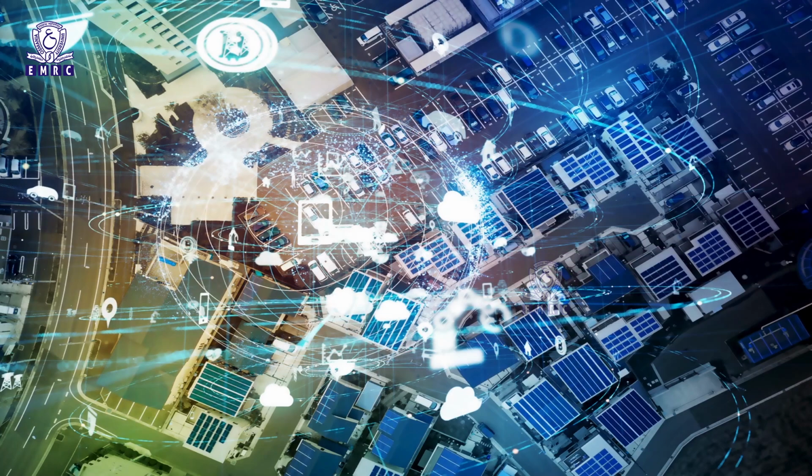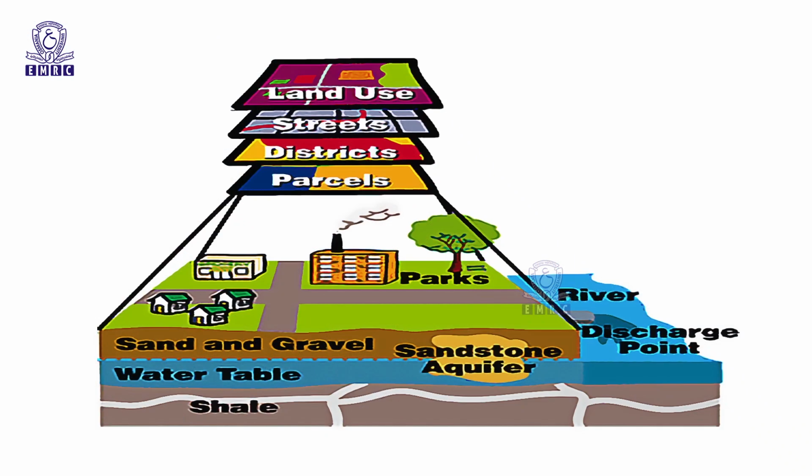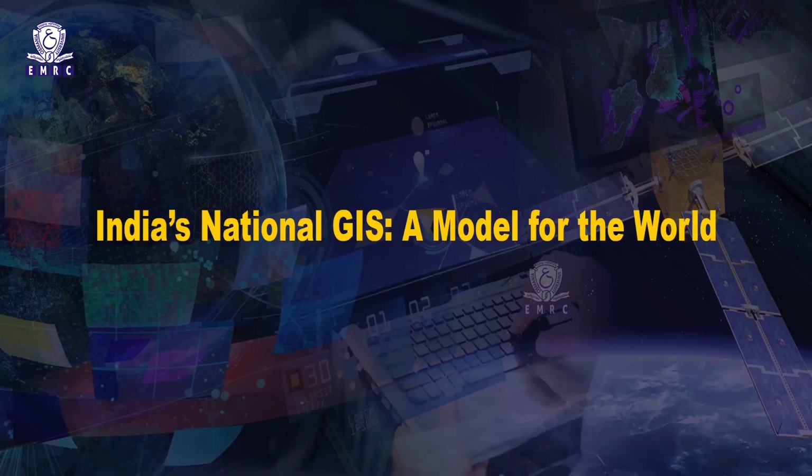National GIS has the main aim of introducing the use of GIS applications into governance, planning and developmental activities. While India has made some progress in using GIS, a national system of GIS is very important and timely for the nation to adopt. An organizational focus on GIS is important, as an agile, rescoping organization, the Indian National GIS Organization. India's National GIS, a model for the world.